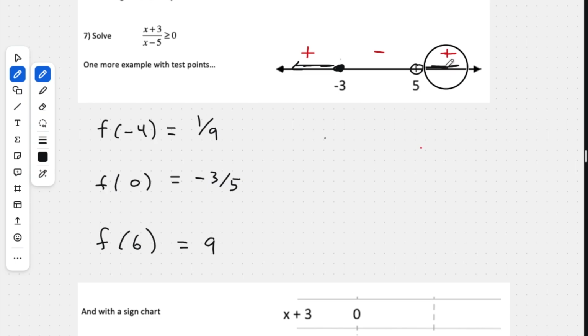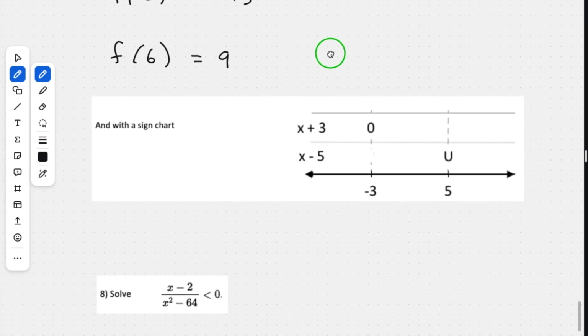But I have to exclude the 5 because that's the 0 in the denominator, which is a vertical asymptote. So this is going to be -infinity to -3 bracket, and then union, be careful with that parenthesis right there, 5 to infinity.